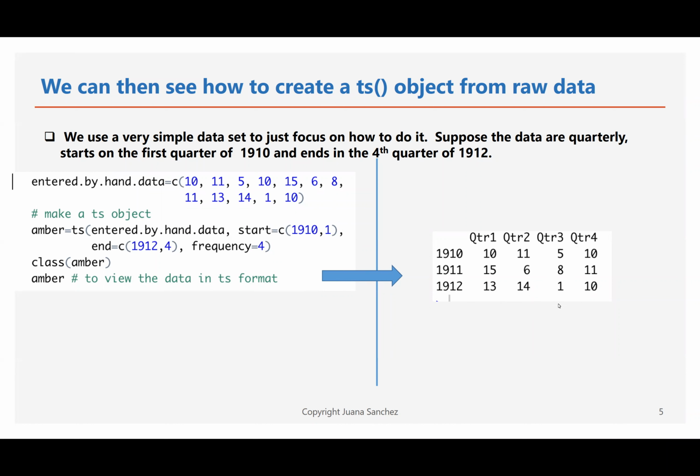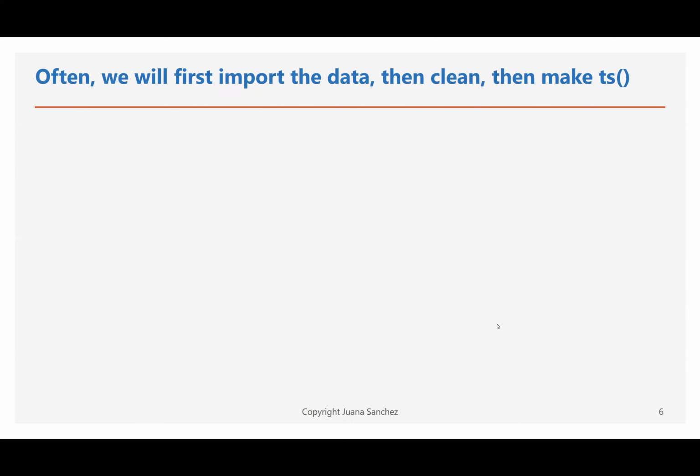So notice how neatly R organizes our data, 4 observations per year. Often we will first import the data and then clean it, and then we make it a TS.